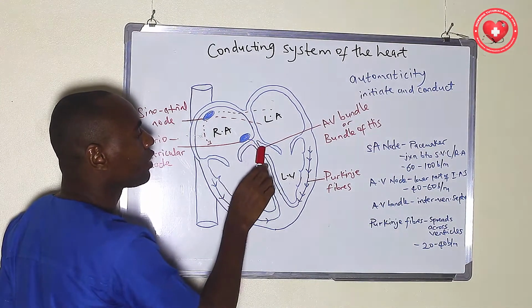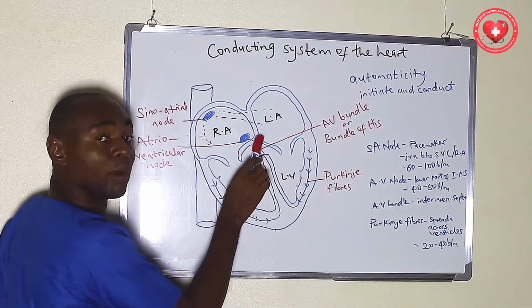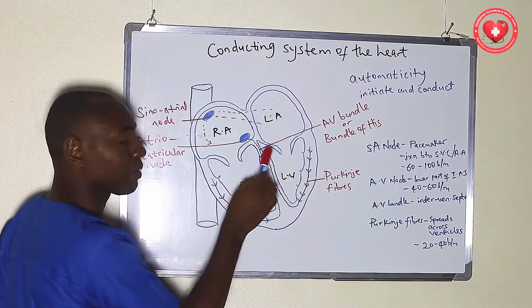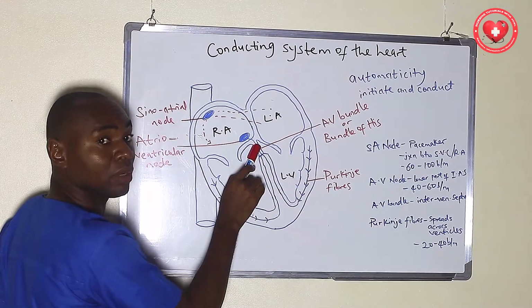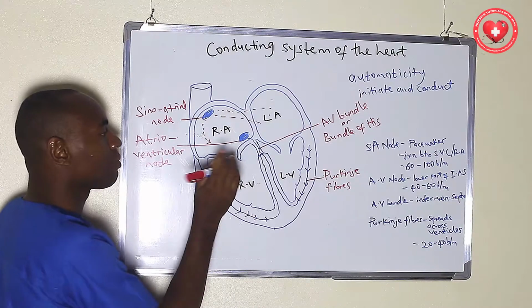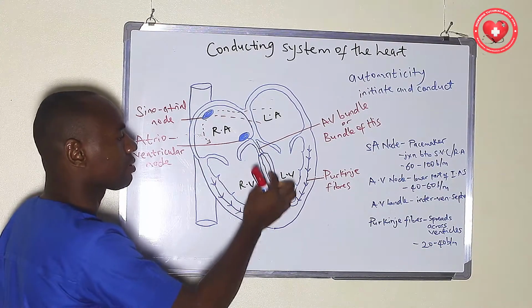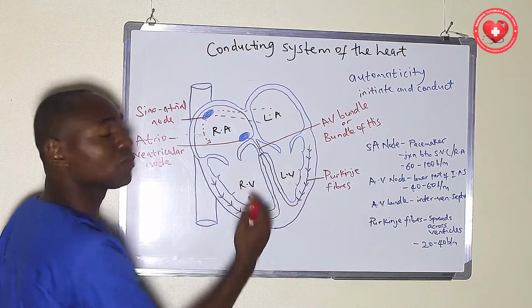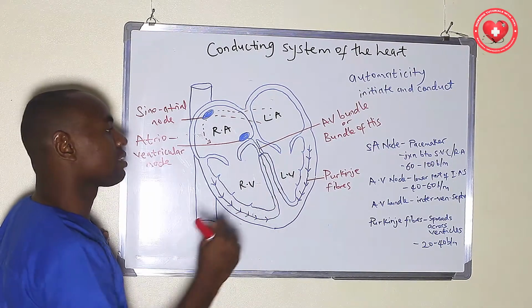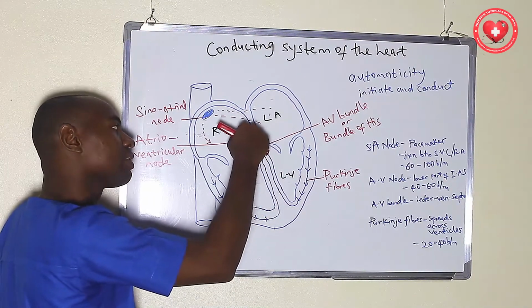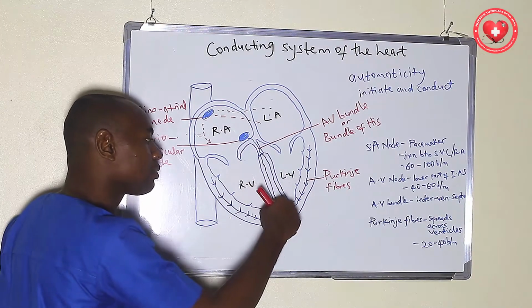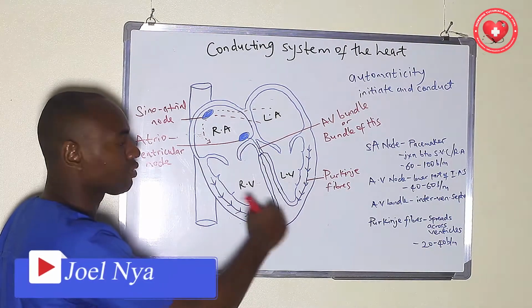The bundle of His is located at the upper part, or the superior part, of the interventricular septum. Remember I told you that it divides into the right and the left branches, still within the septum. Its work is to conduct impulses from the AV node down to the Purkinje fibers.